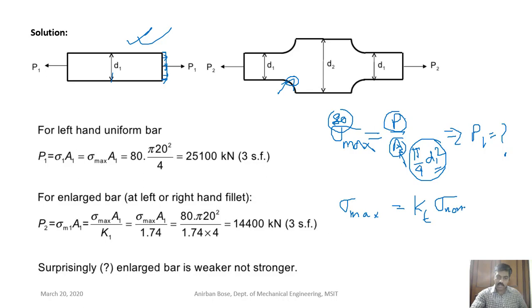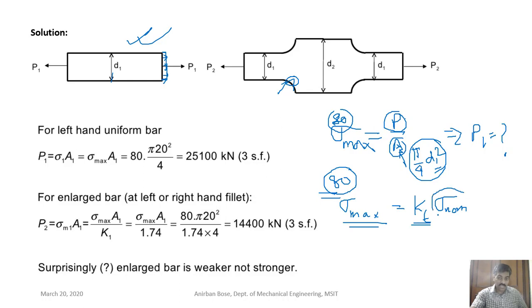Sigma max is again 80, because it is the same material. Remember, you have to consider the units properly. It is in megapascal, so it is better that you convert it into kilopascal or otherwise properly convert, then you will get the proper unit of the load. And the KT values are given. So this one is known, this one is known.